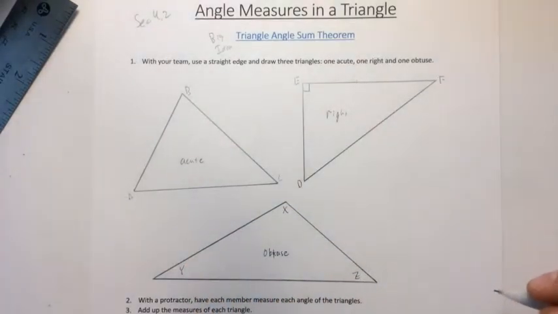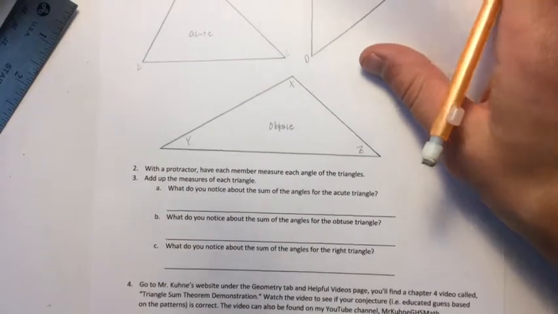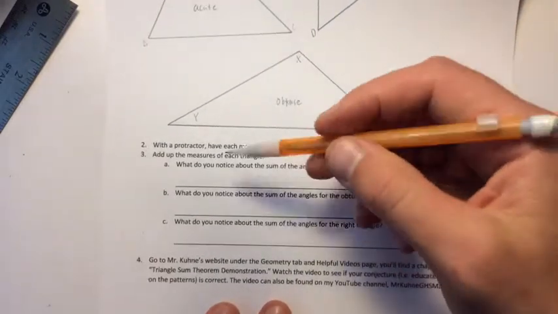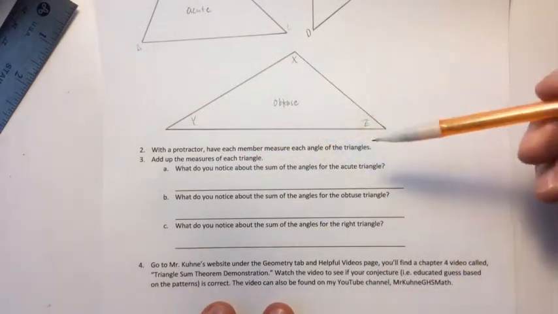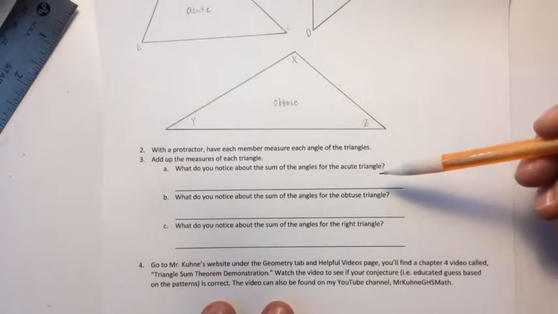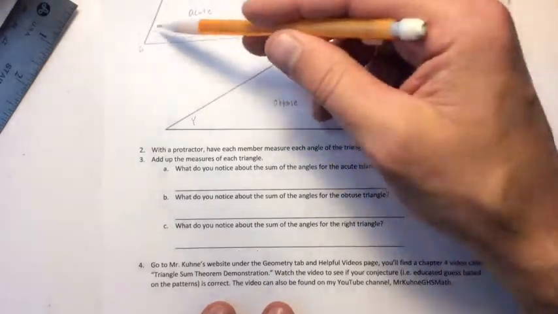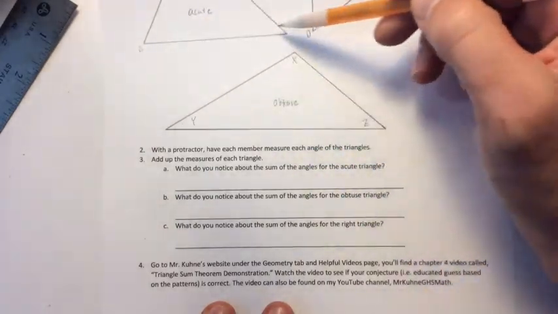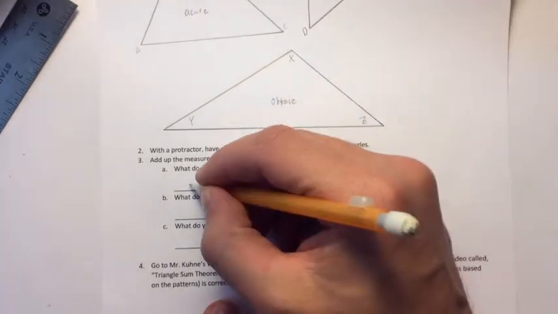I'm going to let you do that on your own here. With the protractor, you're going to measure each angle. Now you can have one person do one triangle, another person do another one, another person do a third one. But then you're going to write down what you notice about the sum of the angles for the acute triangle. So how many degrees this is, plus this, add them all up. Add up angle A, B, and C, and tell me what you get.